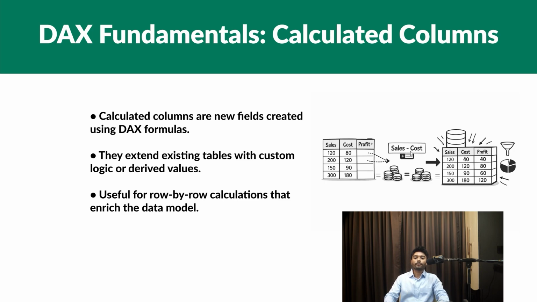If we subtract 120 minus 40, the profit will be 80. Similarly, 200 minus 120 is 80. So that's, in a nutshell, how it works.